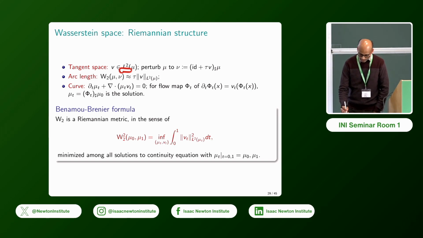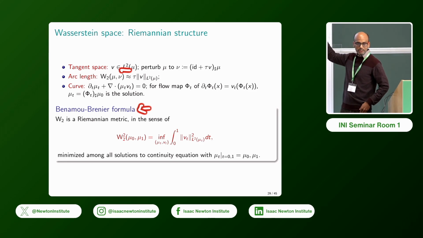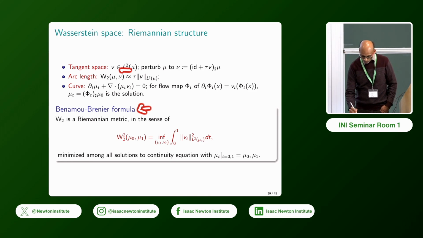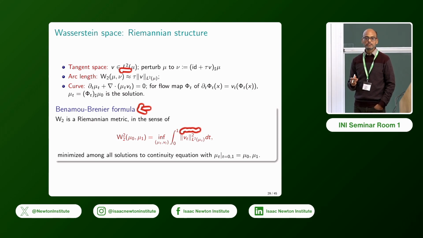And the Benamou-Brenier formula is the one which gives the Riemannian structure to the whole space, right? So basically, this is precisely the way you define a Riemannian distance, where this acts as your Riemannian metric tensor. Okay, so this is precisely how you would.